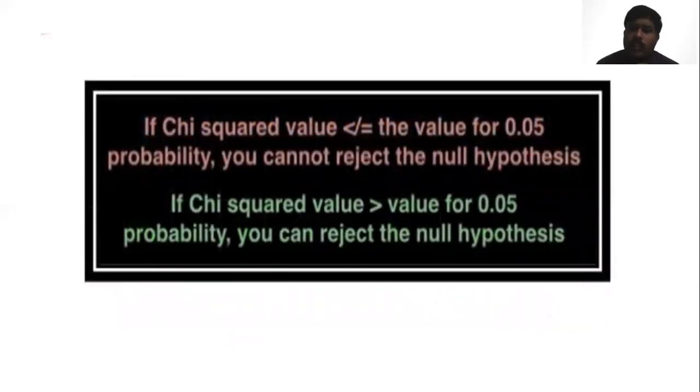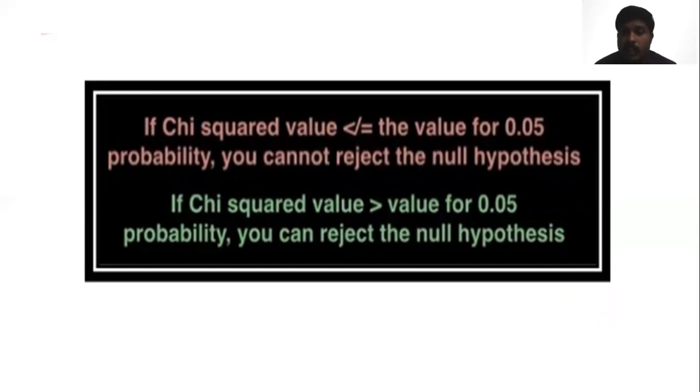So there are the tabulated values with respect to the level of significance, for 1%, 5%, and 10%. We have taken the 0.05 significance level. If the chi-square value is less than or equal to the value at 0.05 probability, that is the 0.05 significance level, we can accept the null hypothesis.